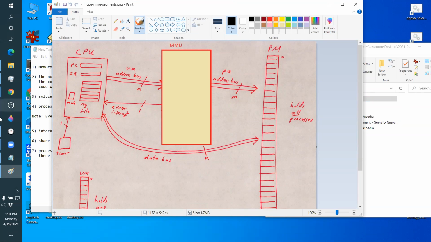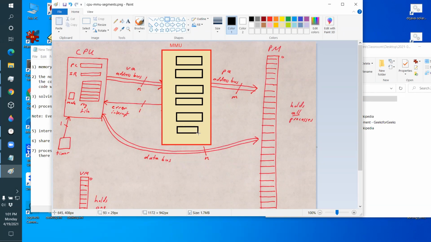Let's give the memory management unit just a bunch of base and bounds. So this will be base and bounds 1, then base and bounds 2. Let's give it 3 base and bounds registers, 3 base and bounds pairs. We'll see what we can do with them. They're actually going to act exactly like the other ones do.